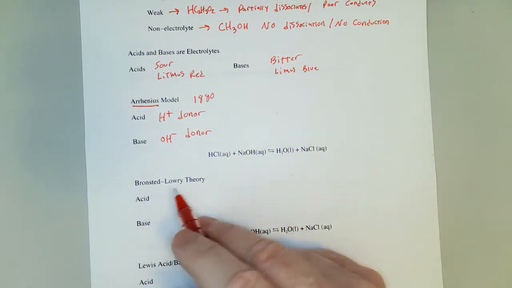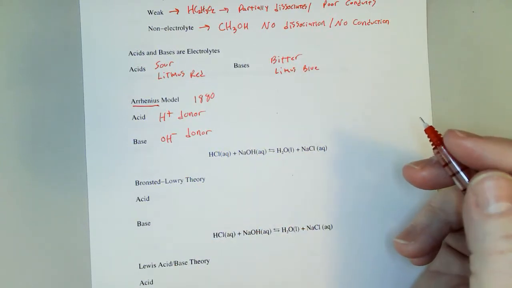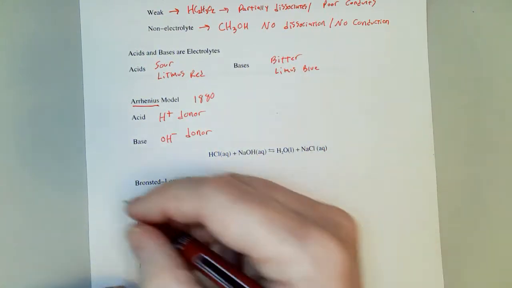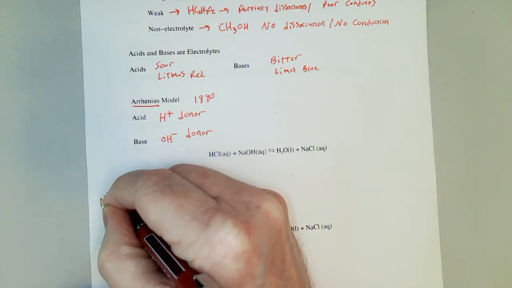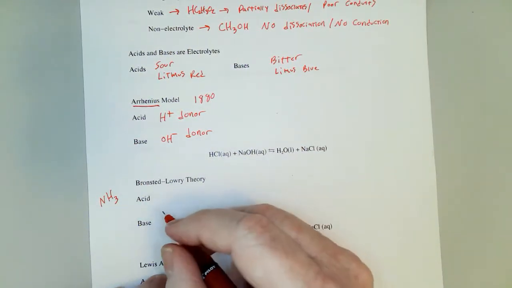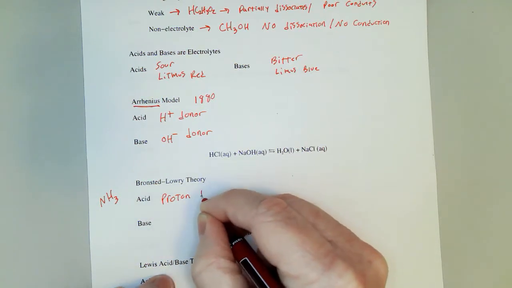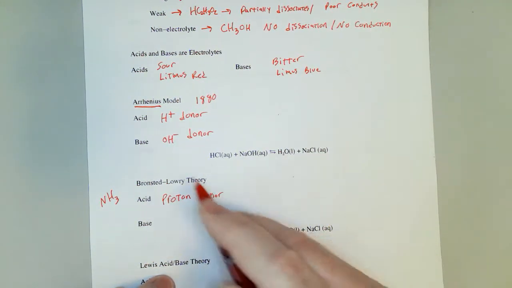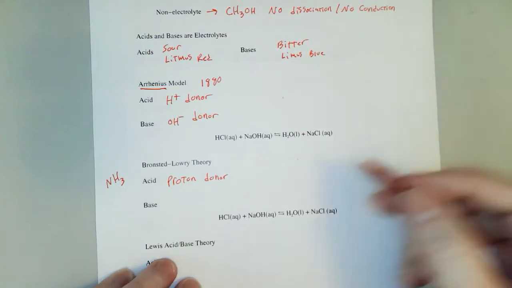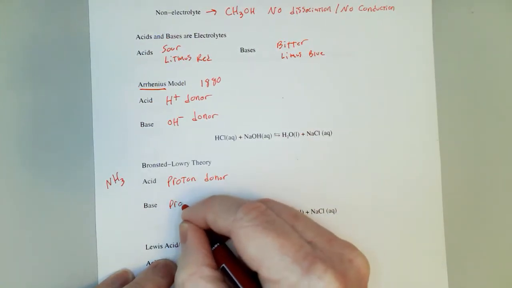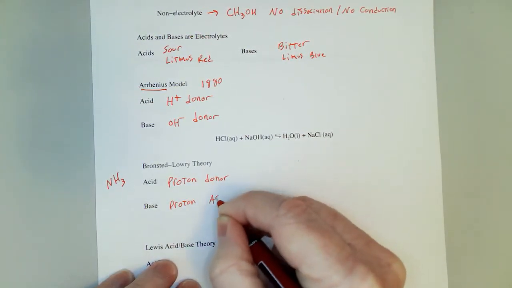So when both Bronsted and Lowry, independently of each other, modified the theory, mostly because of the compound ammonia, the acid definition changed to being a proton donor. That's the same thing. It's just a different name for an H+. But bases became proton acceptors.